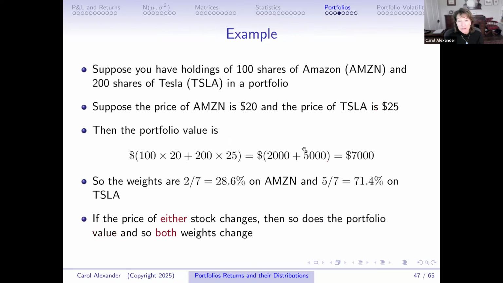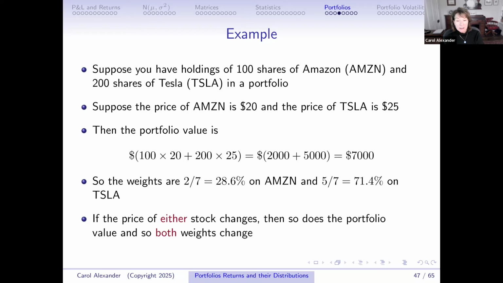So let's have a simple example related to the spreadsheet. Suppose you've got 100 shares of Amazon and 200 shares of Tesla, and that the price of Amazon is $20 and the price of Tesla is $25. Then the value of the portfolio is 100 times 20 for Amazon plus 200 times 25 for Tesla, which is 7,000.